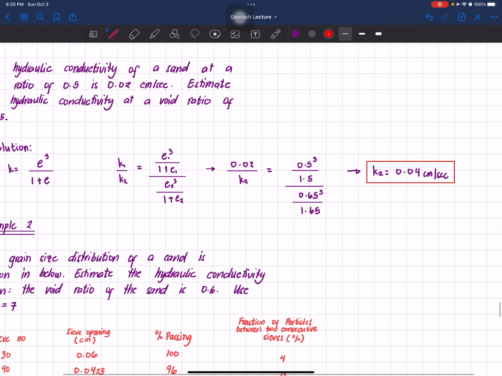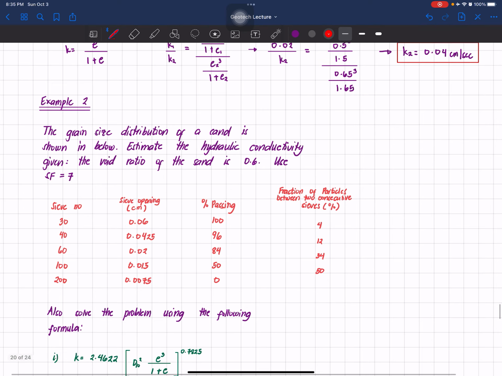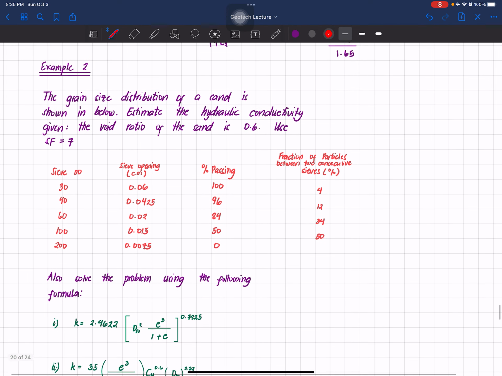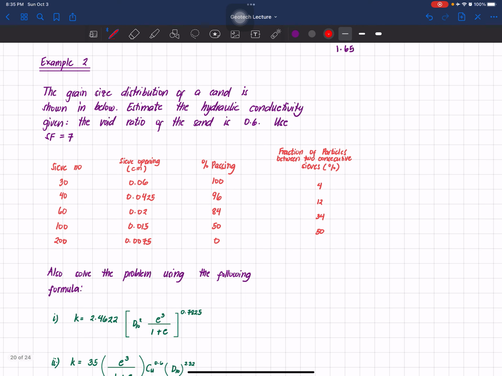So, how about the next problem? This one is a bit laborious, but it's easy naman. It says here that the grain size distribution of a sand is shown in the table below. Estimate the hydraulic conductivity given the void ratio of the sand is 0.6 and use SF equals 7.